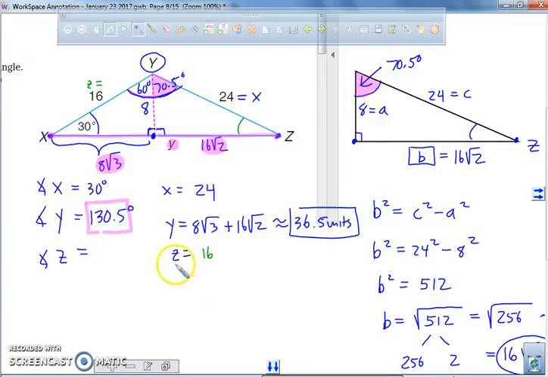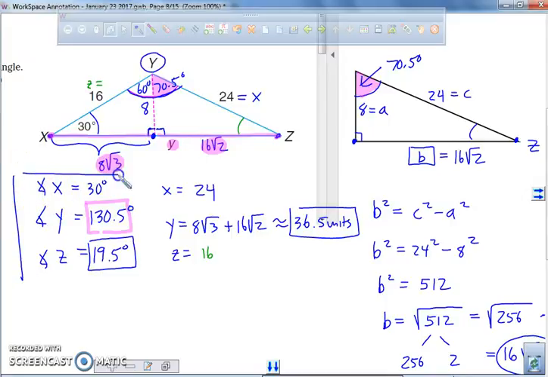Now, how many degrees are always in a triangle, everybody? When I say triangle, you say 180. Triangle. Wow, very enthusiastic. So what can I do with the 130.5 degrees? Take it away from 180. What's that give us? I think it's 19.5 degrees.